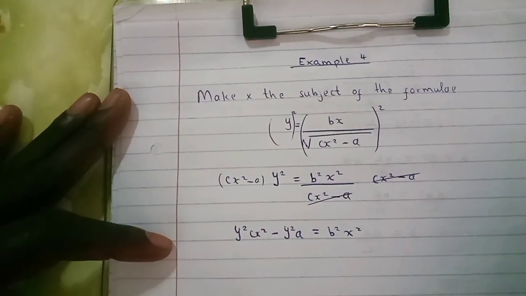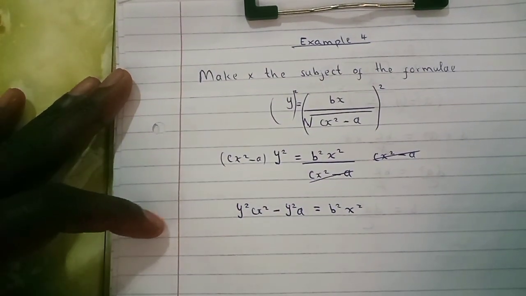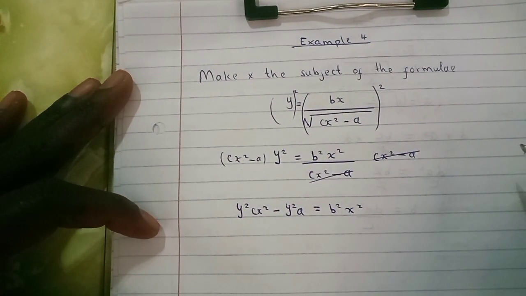Now, the next thing that we are supposed to do, we are supposed to take the part of the equation containing x and place them on one side, and the part of the equation that does not contain x, we place them on the other side.